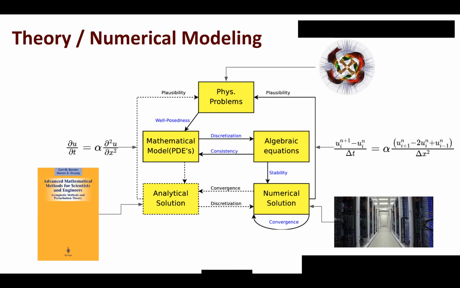You do convergence tests, and you compare that to some analytic solution with some simple toy problems, and then you apply your numeric code to the realistic problems you want to study. That's basically how the traditional numerical model system is working. That's more or less the workflow you want to go through.